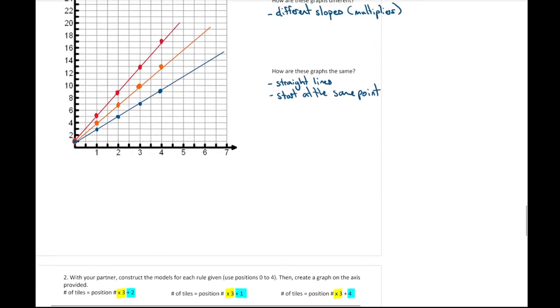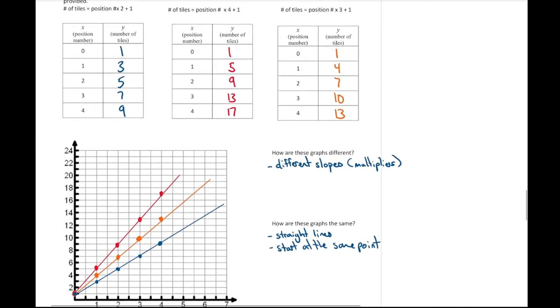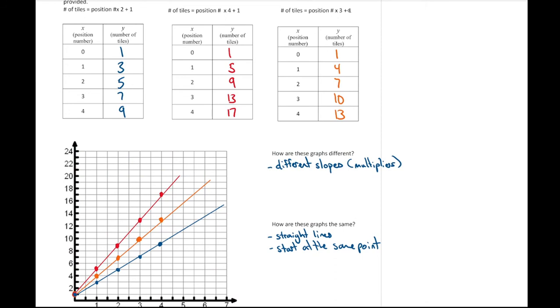And we see that in the first example of part 2 that we did. The constants were all the same, so the starting point is the same y-intercept or constant. And we've already talked about the different multipliers being the different slopes.